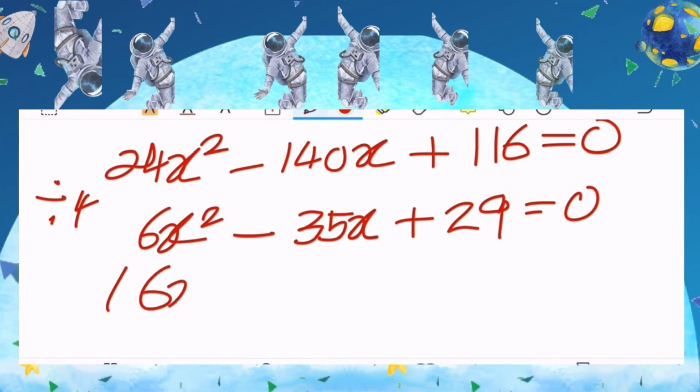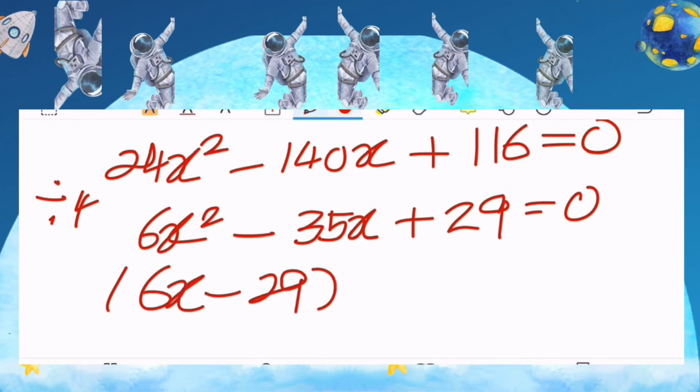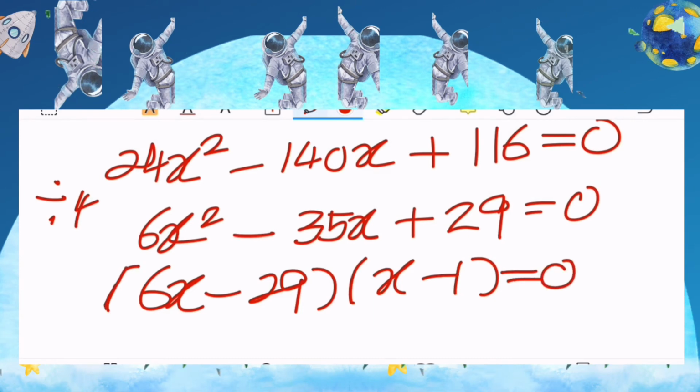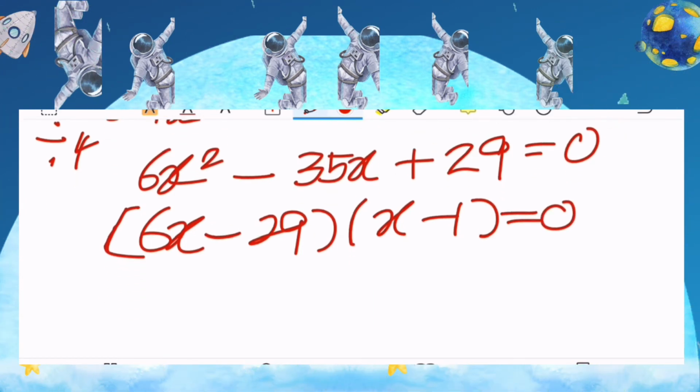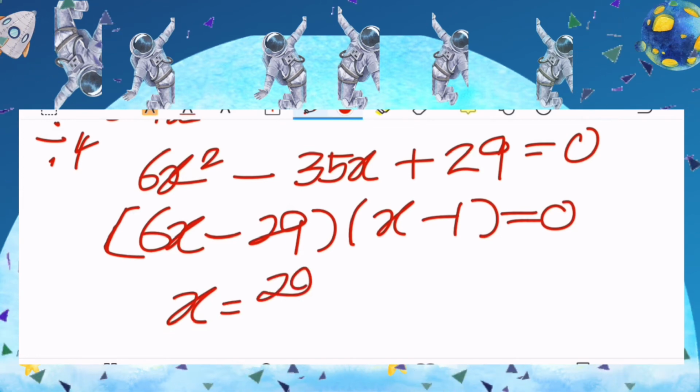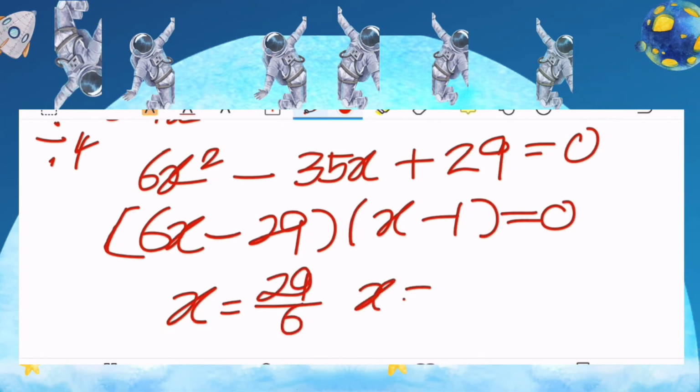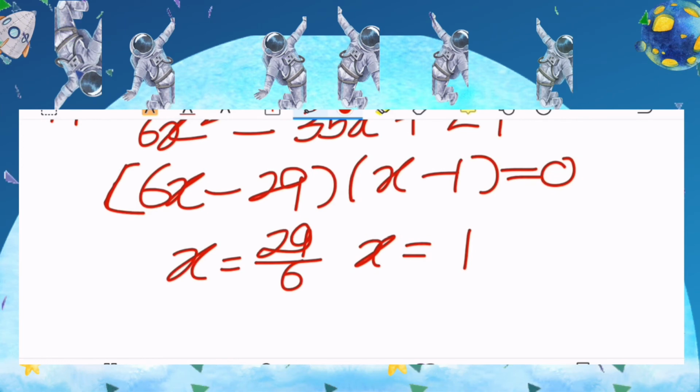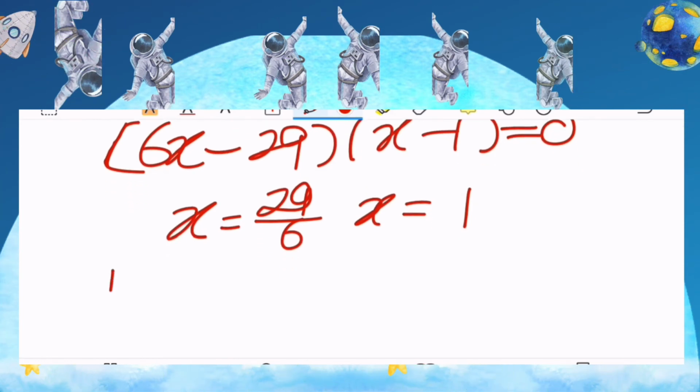Now we can factorize, isn't it? Let's factorize the quadratic equation, and we will solve it by letting each factor equal to 0. So that means x is 29/6 and x equals 1.